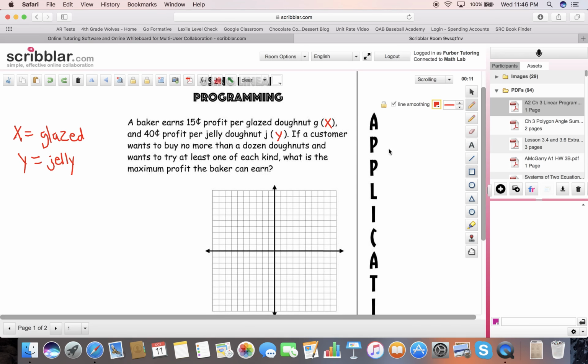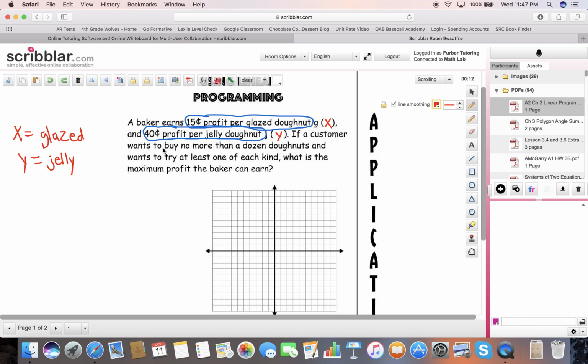Now we're going to identify what these numbers mean. So these numbers here are money related. So those are the ones that are going to go into our objective function, which we'll write in just a few minutes. The other things that we're going to identify are the constraints or the limitations. The limitation in this case is what the baker knows about customers.